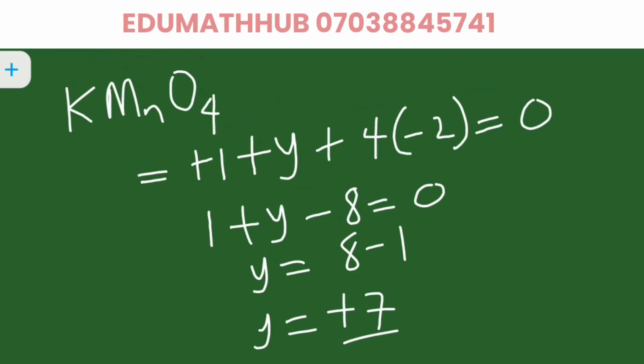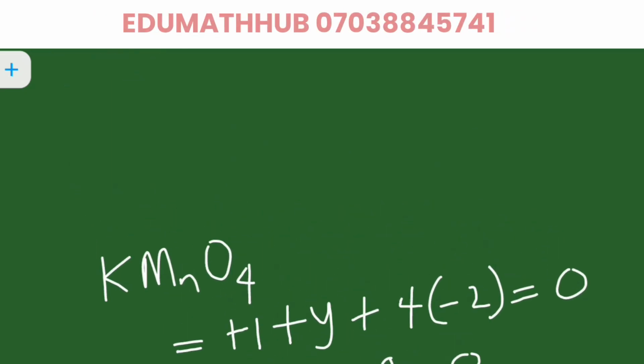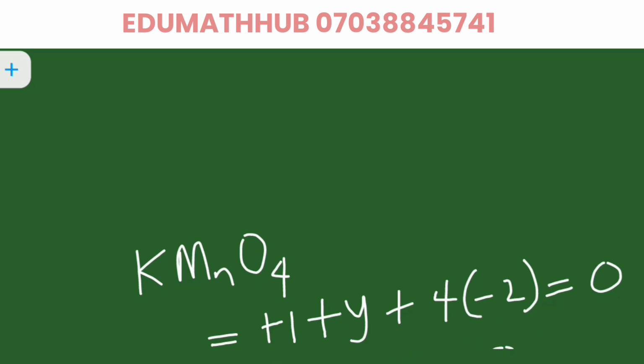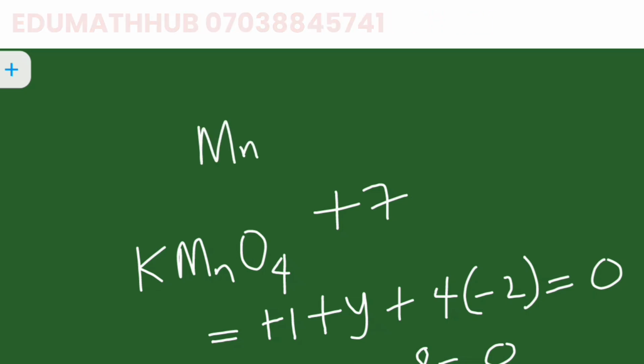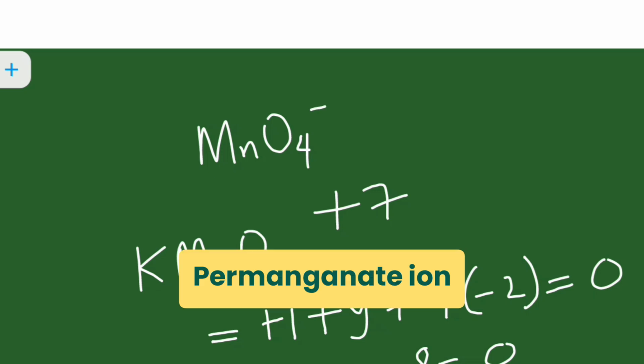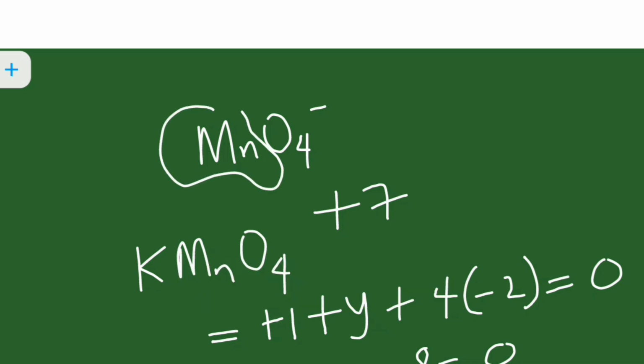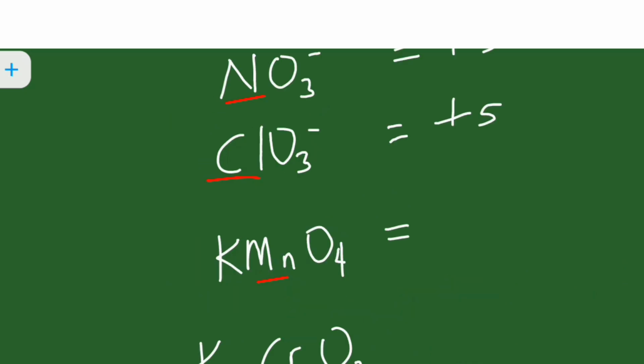So the oxidation state of manganese in KMnO4 is +7. Basically the MnO4 ion here is called the permanganate ion. So the oxidation state of manganese is +7.